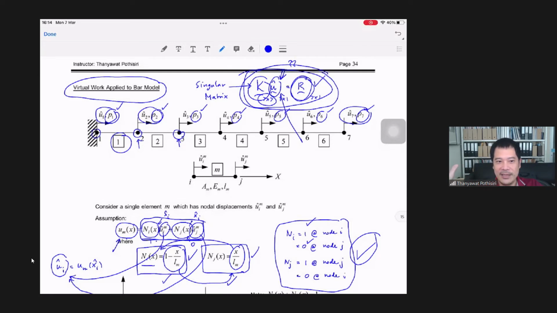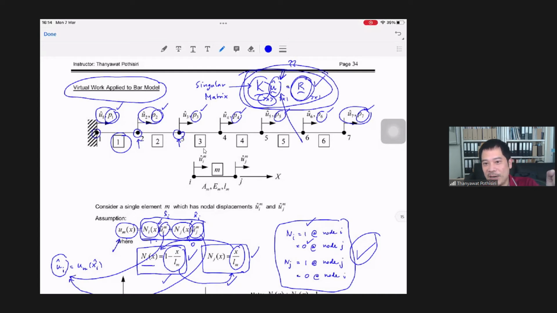If you put a system of forces onto the structure, even though the system of forces is in equilibrium, because you don't put any constraints on your structure, it can keep floating, being in equilibrium.